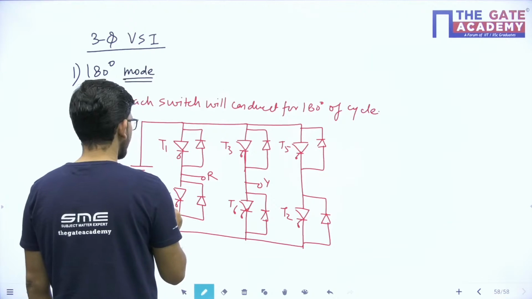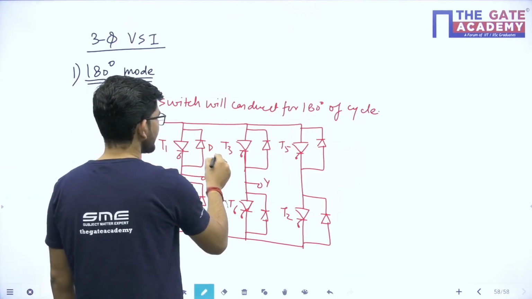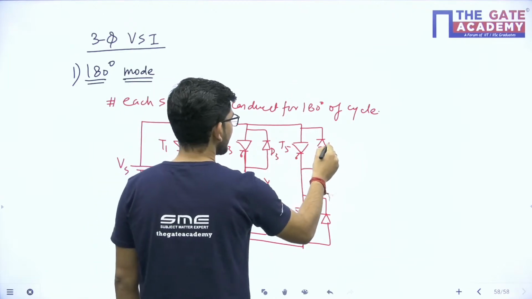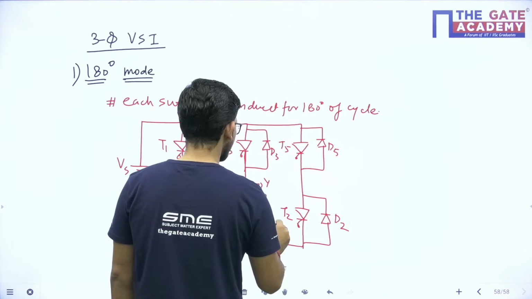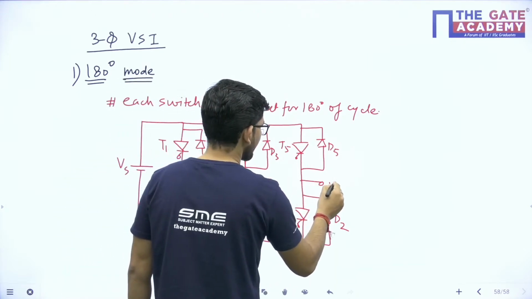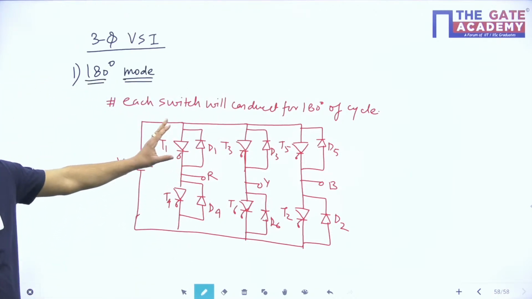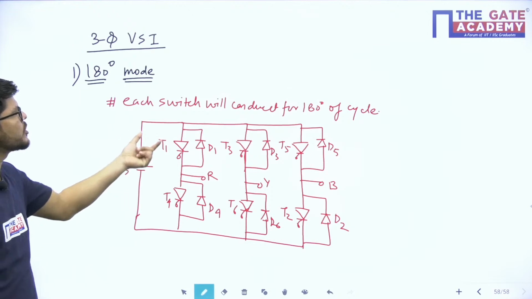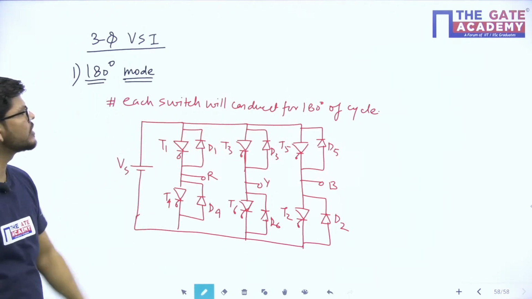We have this combination. This is D1, D3 and D5. This is D2, this is D6 and this is D4. So this is my three-phase VSI. In the three-phase VSI I have 6 switches, and each switch will conduct for 180 degrees of a cycle.